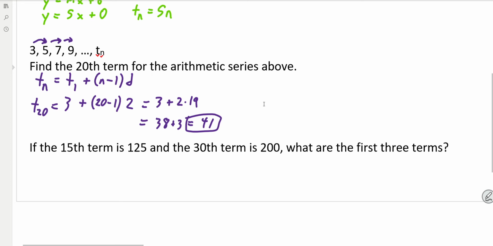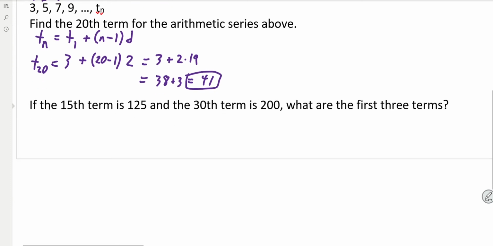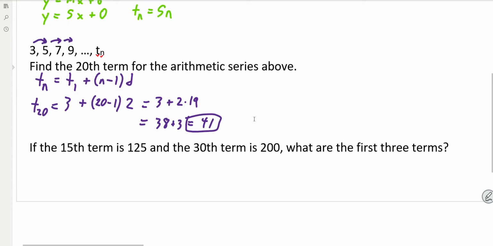All right, let's continue on to the second question. If the 15th term is 125 and the 30th term is 200, what are the first three terms? Okay, so this is a little bit more work. We'll write the general term first.